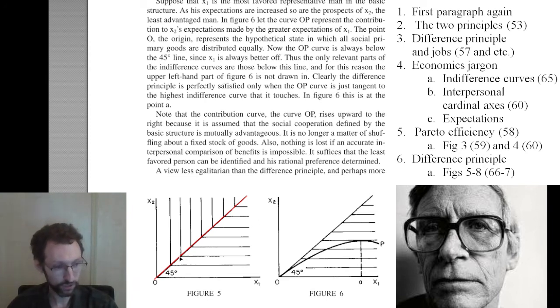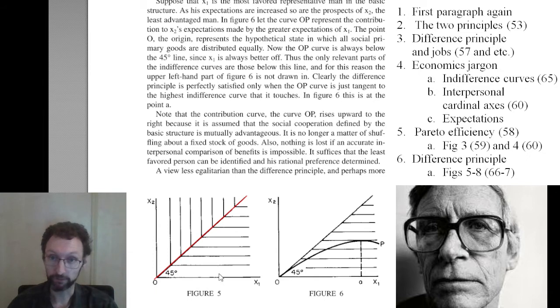So let's imagine x1 is the person who is doing worse off. When is x1 the person who is doing worse off? Well, it's this part of the chart, everything above the 45-degree line. On the 45-degree line, x1 and x2 are doing equally.